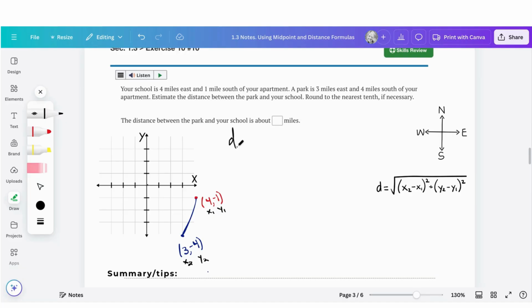So distance equals the square root of, so it's x2 minus x1. So our x2 is 3 minus our x1, 4. Square that. Plus y2 minus y1. So -4 minus -1.